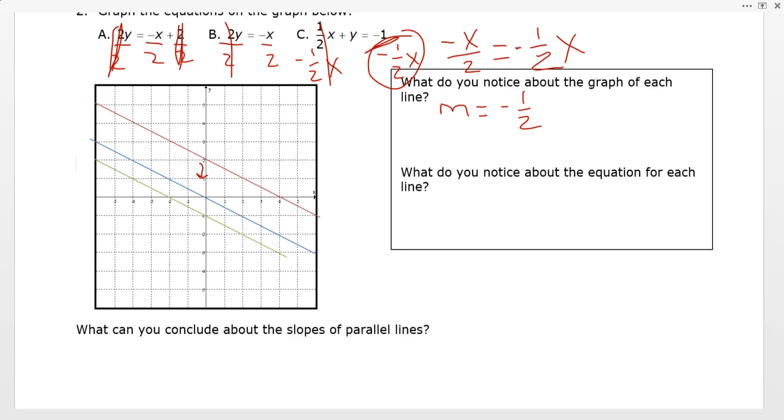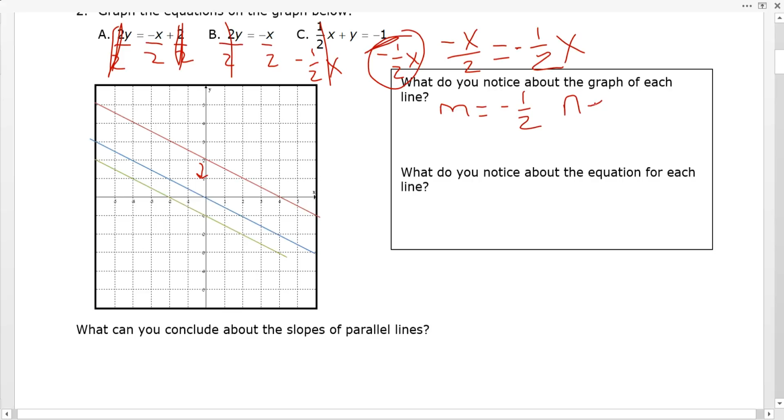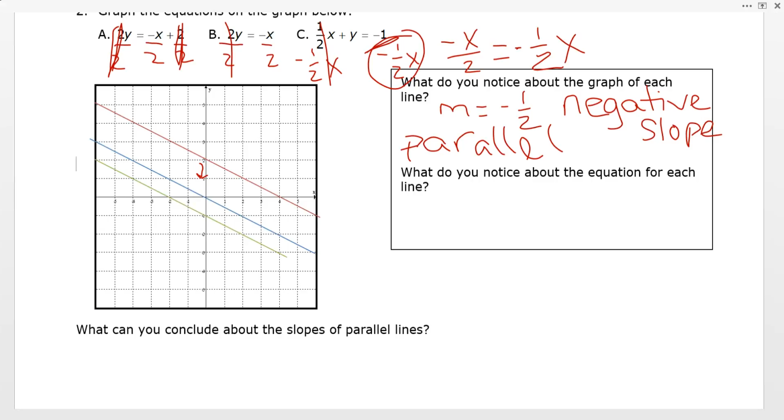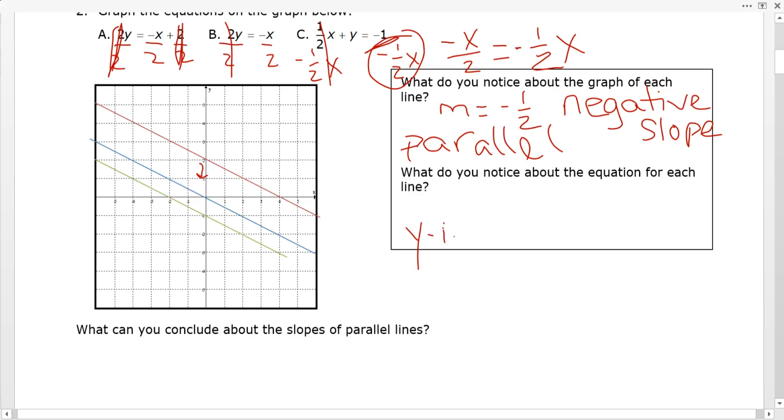So when you look at the lines, you should notice that they have a negative slope. M is negative 1/2. They're parallel. And when you look at the equations for the line, you notice that the y-intercept, or b, changes, but the slope is the same.